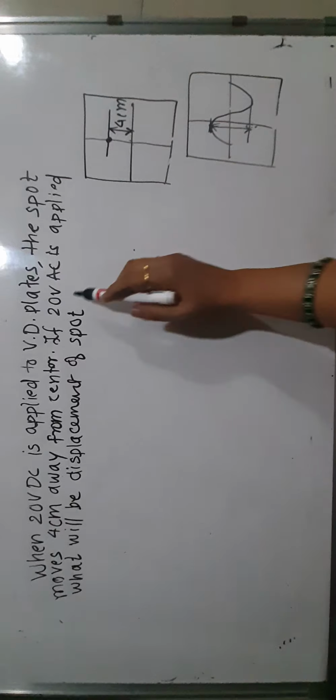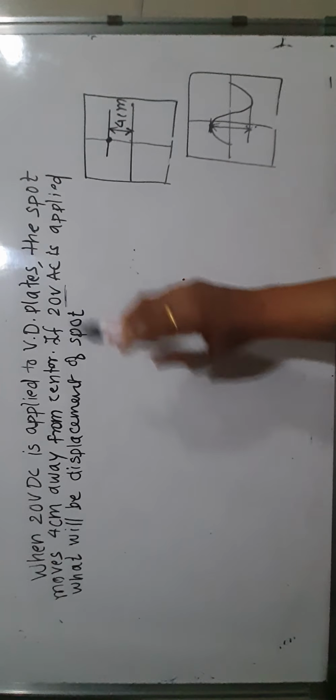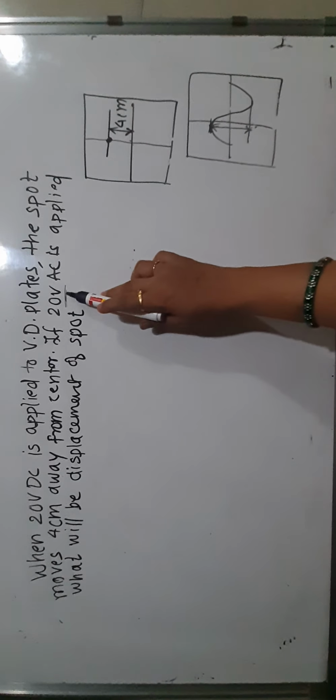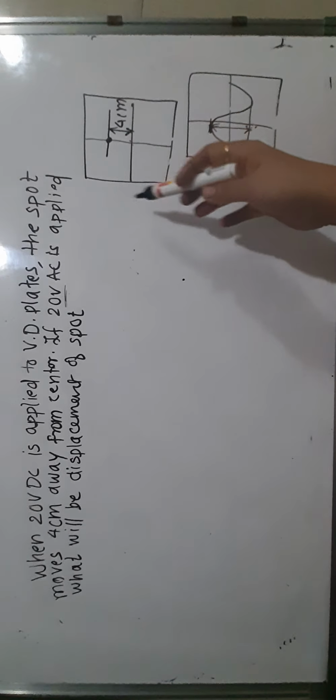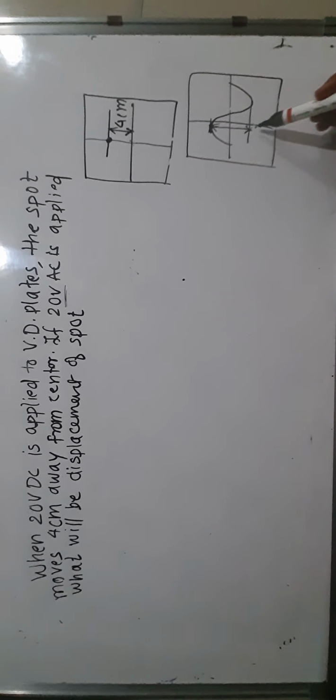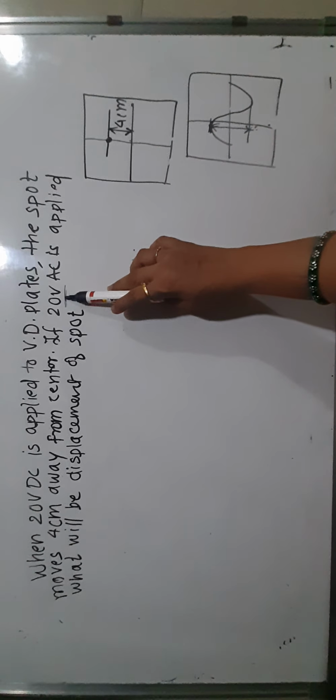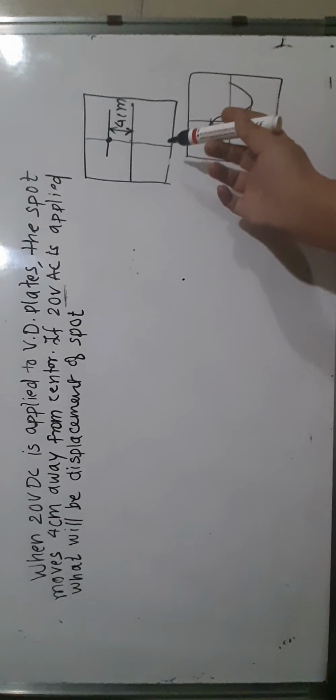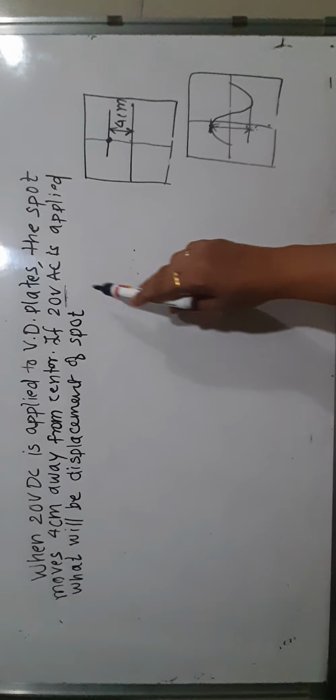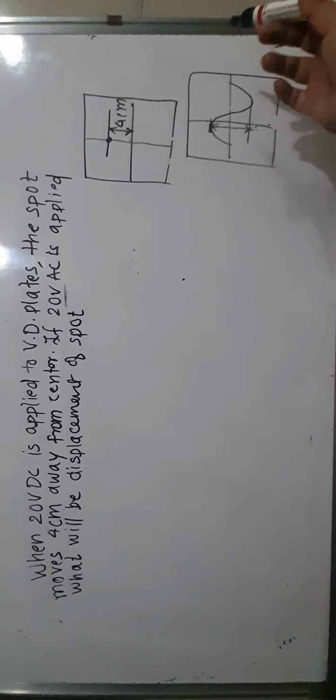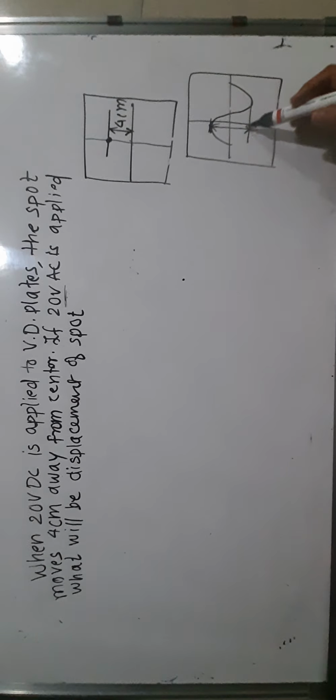Now as the AC voltage is given and it is not mentioned, it means it is RMS voltage, and the spot will displace peak to peak. So we have to convert the RMS voltage into peak voltage, and then convert it into peak to peak voltage, because the spot will move peak to peak.